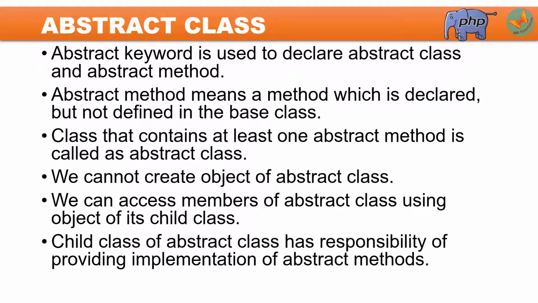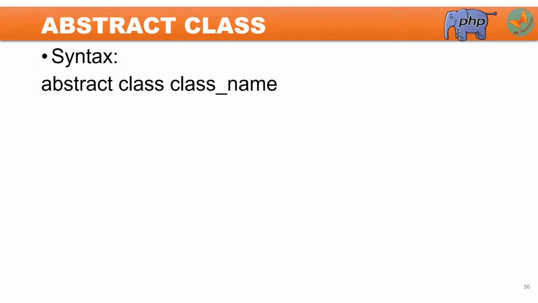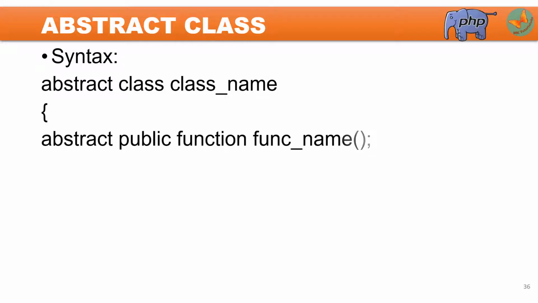Now let us see the syntax of this abstract class. As I have told you, the keyword used in front of the class will be abstract. Abstract class, class name, and then within the body of this particular class, it has at least one abstract method. Here in this case, suppose I declare one public function, func name, and I have declared it as abstract.